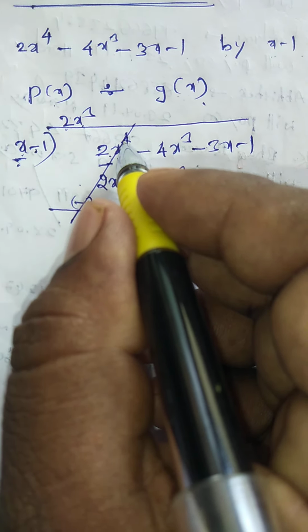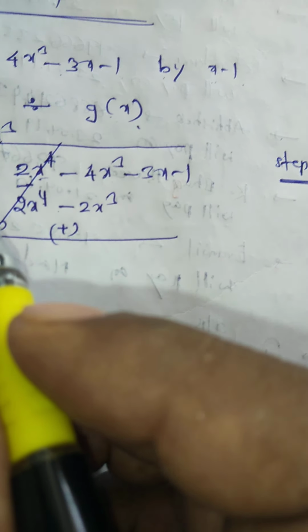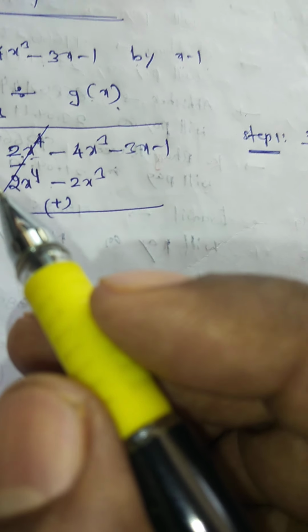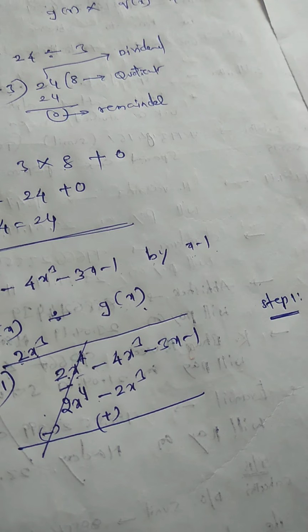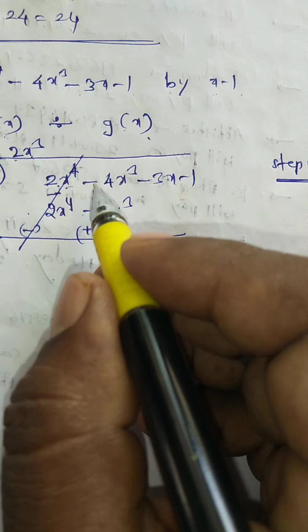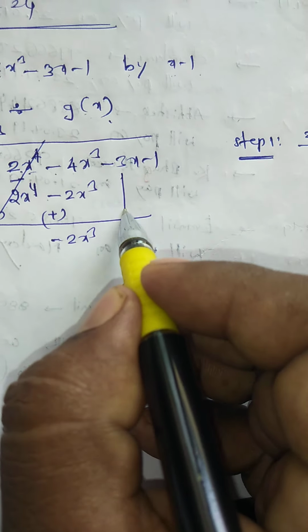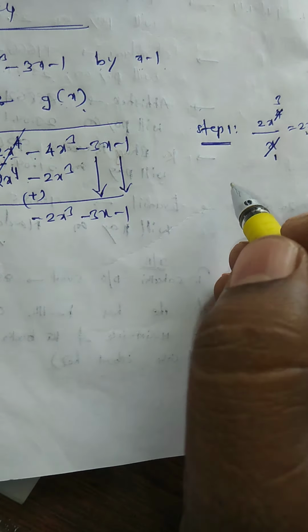Plus 2x to the power of 4 minus 2x to the power of 4, both are cancelled. Minus 4 plus 2 is minus 2x cube, bring down the remaining part, minus 3x minus 1.